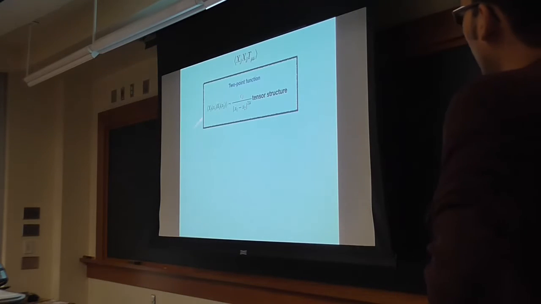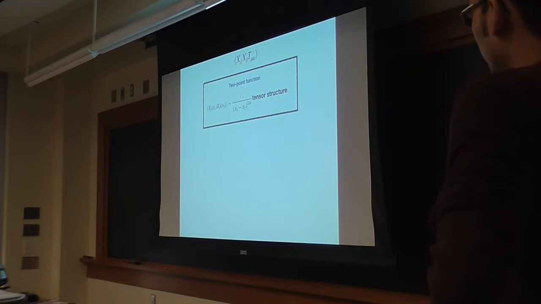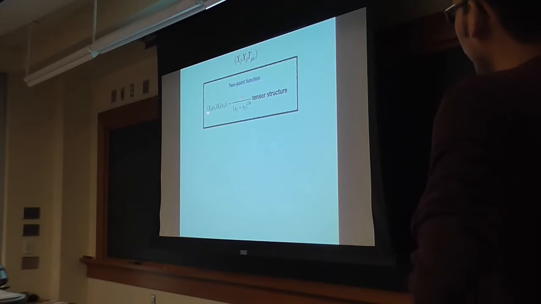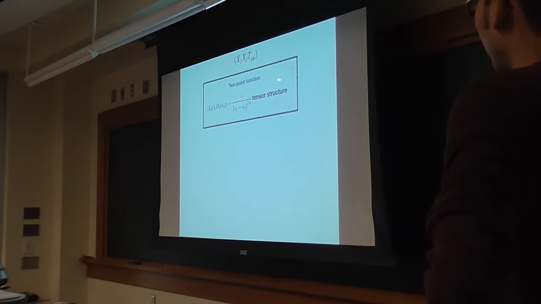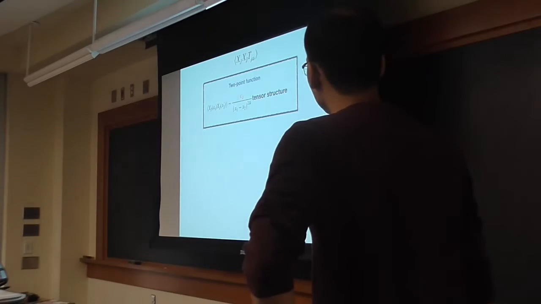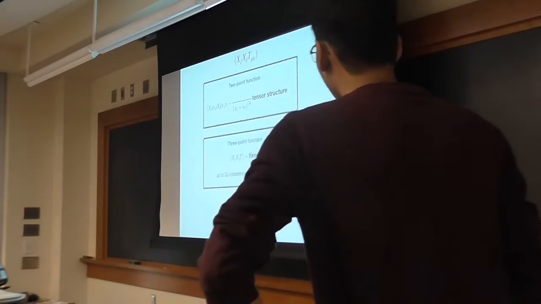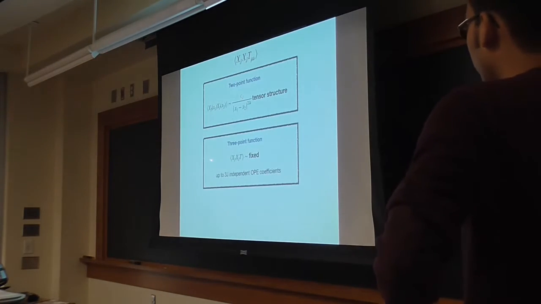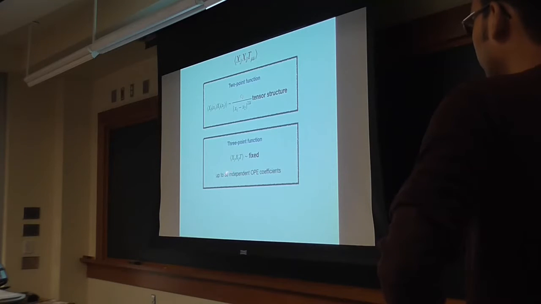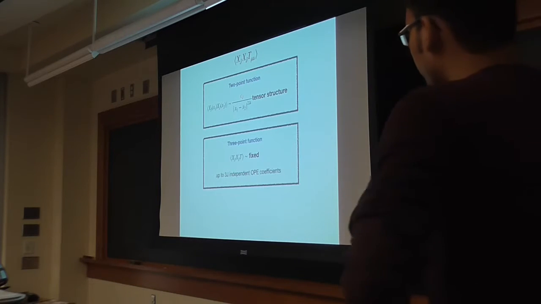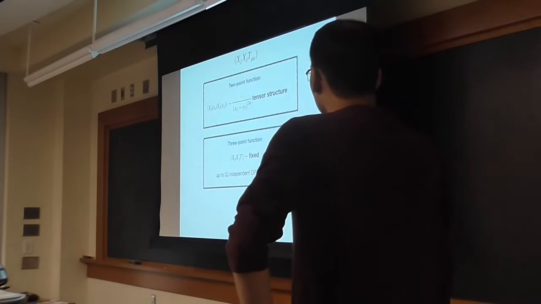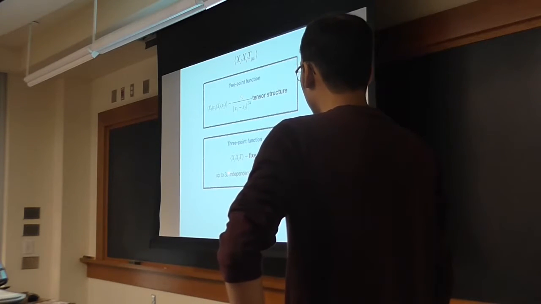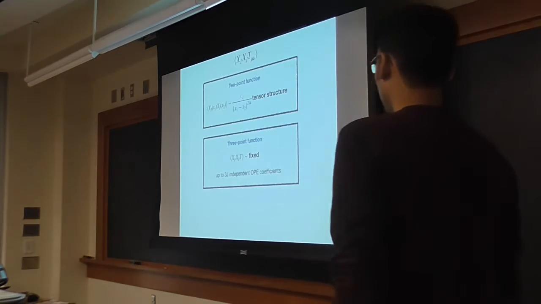If I have a high spin single trace primary operator in a CFT, again its 2-point function is fixed by conformal invariance up to some coefficient. This 3-point function is also fixed by conformal invariance up to 3j independent OPE coefficients. So the tensor structures are fixed, but the OPE coefficients can be arbitrary.